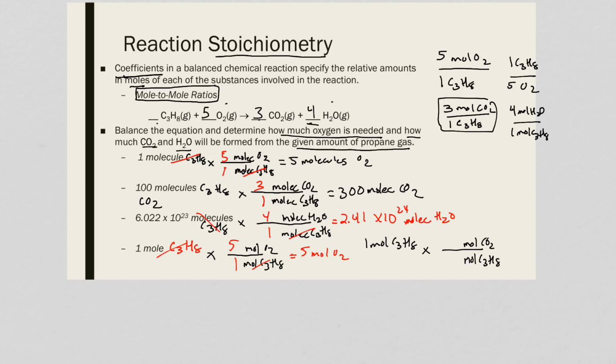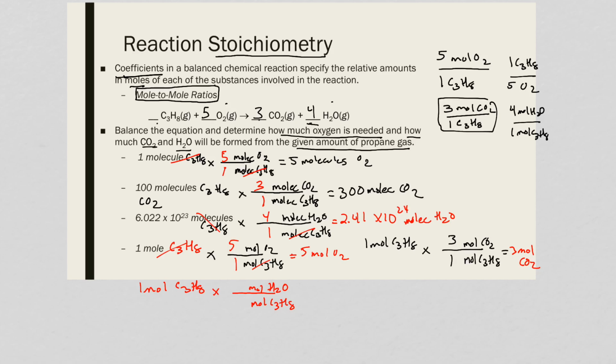I consult my balanced equation and I see that I can make 3 moles of CO2 for every 1 mole of C3H8. And we'll just wrap this up by asking, what if I started with 1 mole of C3H8, but instead I wanted to figure out how many moles of water I could make? Again, I still need moles of C3H8 on the bottom to cancel.